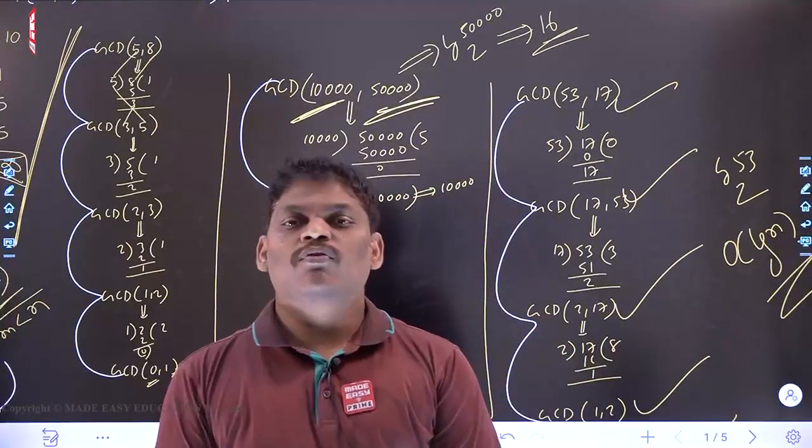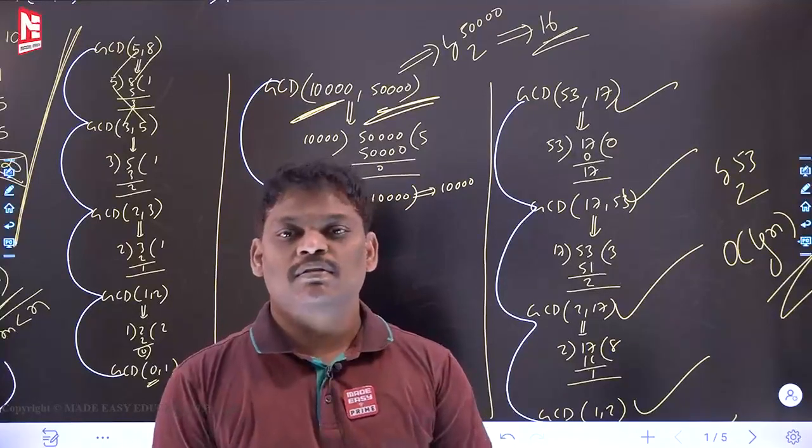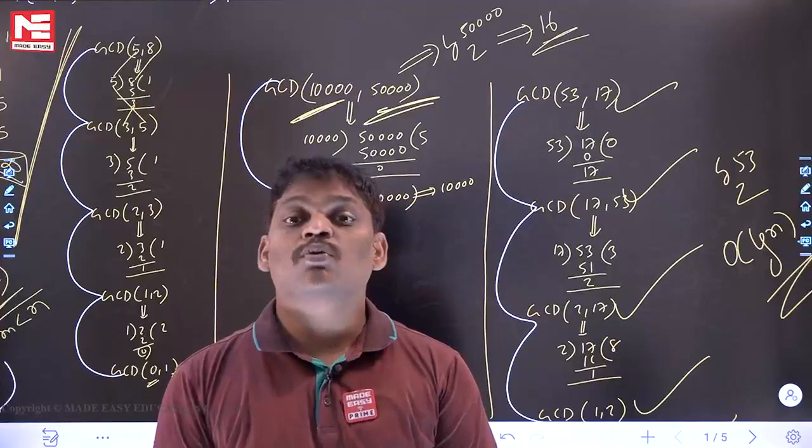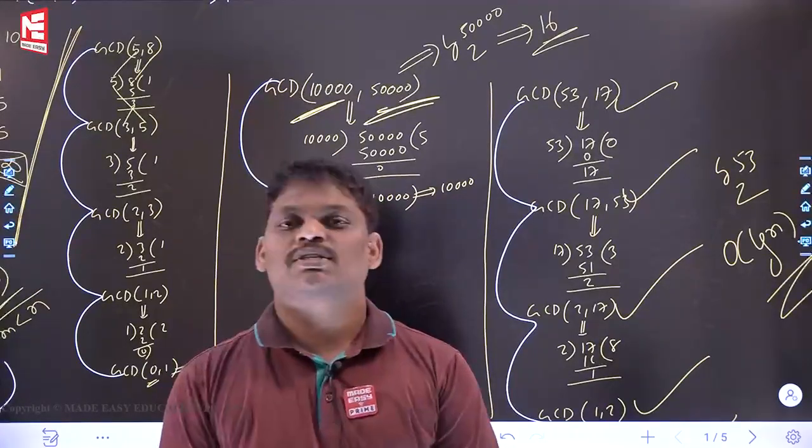When will the GCD give best case? What is the meaning of best case? The minimum amount of time required to solve the problem is known as best case.